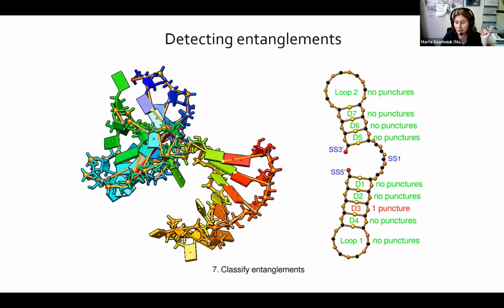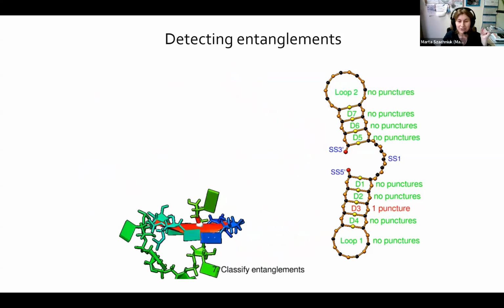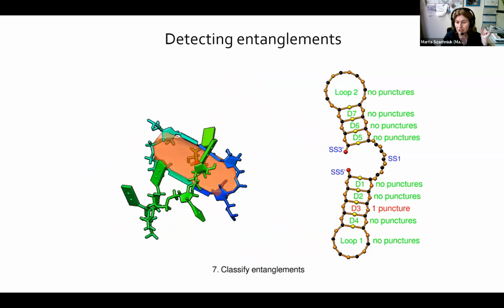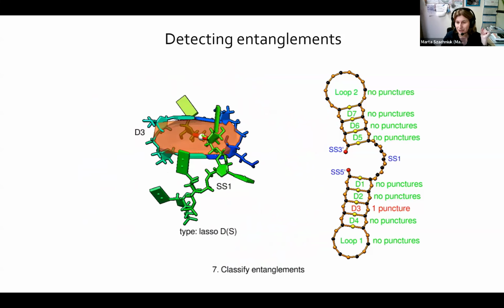We annotate the secondary structure, and we find out which elements of the structure form the puncture, or form the entanglement. And in such a way, we classify the entanglement into one of these types of interlaces or lassos.